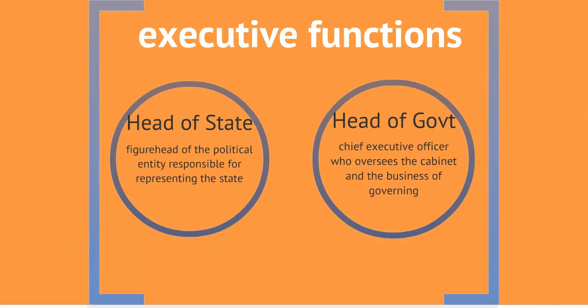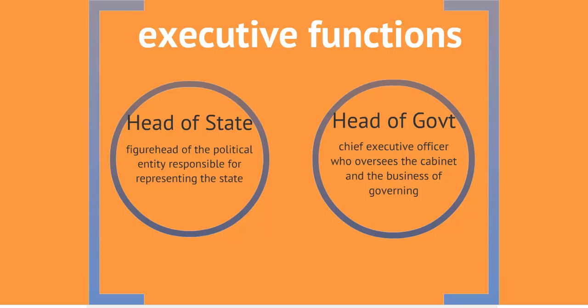Also, before delving into the details of these different kinds of democracies, let's draw a distinction between two types of executive. There are these two broad executive functions, that of the head of state and that of the head of government. This goes back to our basic distinction between states and governments. Remember, the state is that more abstract legal entity, while the government is the more concrete group of people who have the authority to lead the state.